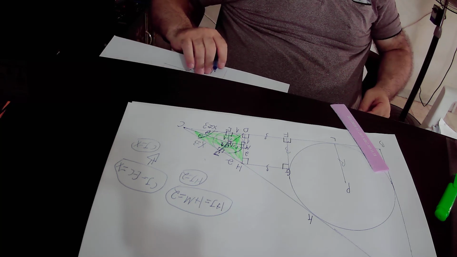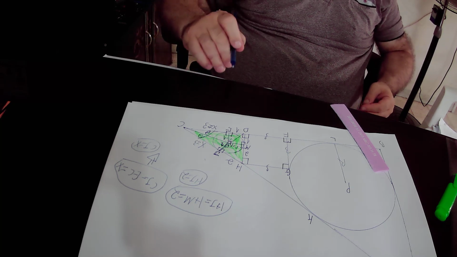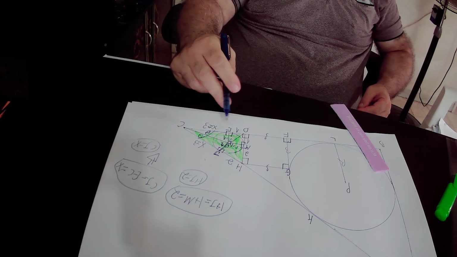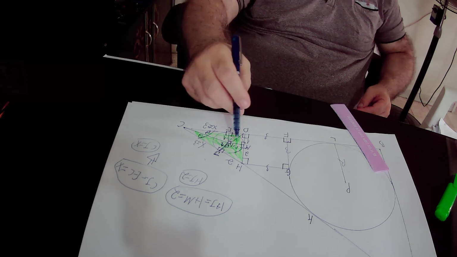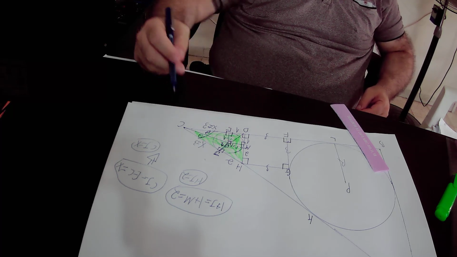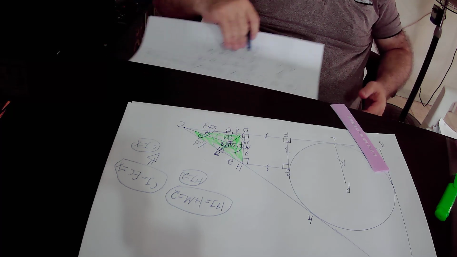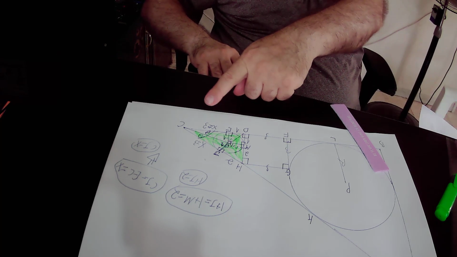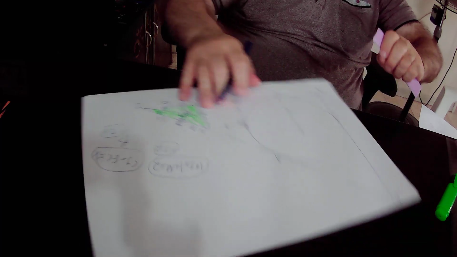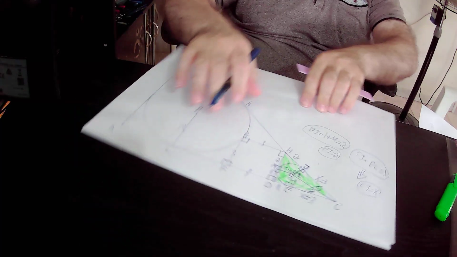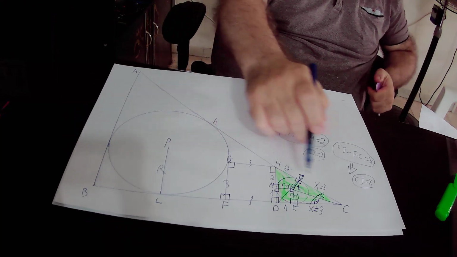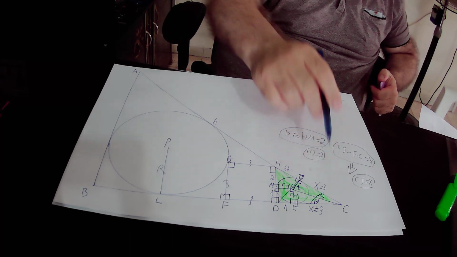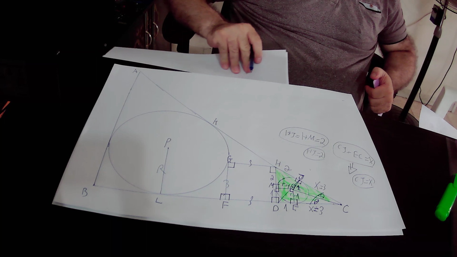So actually, line segment OC, this line segment OC is the angle bisector of angle C. I repeat it again. Line segment OC is the angle bisector of angle C. I write it down.